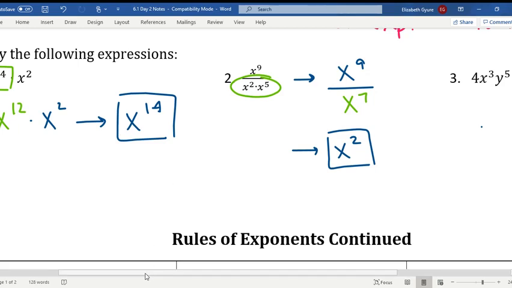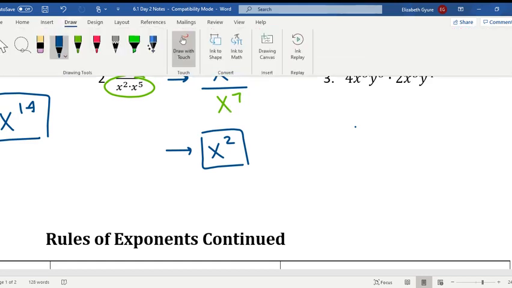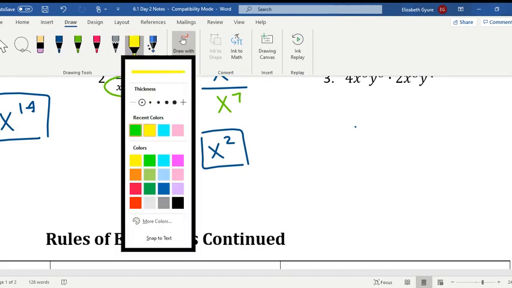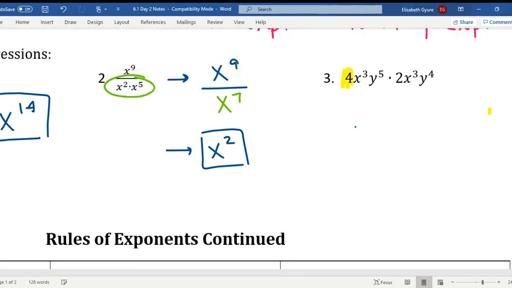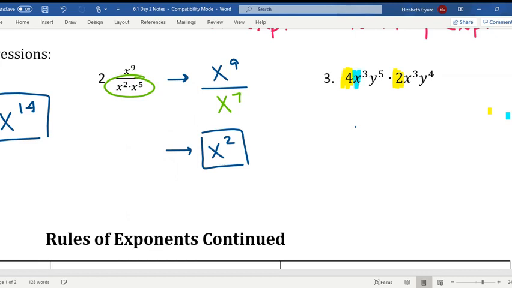Okay. And then the last one kind of has a lot going on. So we're going to do a little color coding here. I see regular old whole numbers, I see x's, and I see y's. So remember, regular whole numbers go with other regular whole numbers. X's go with x's.